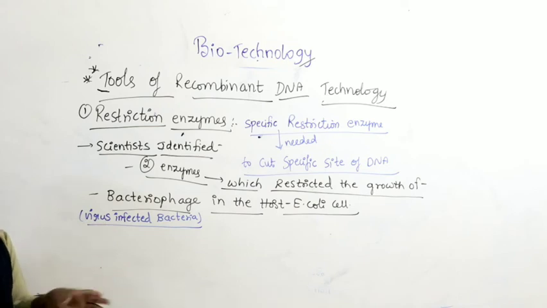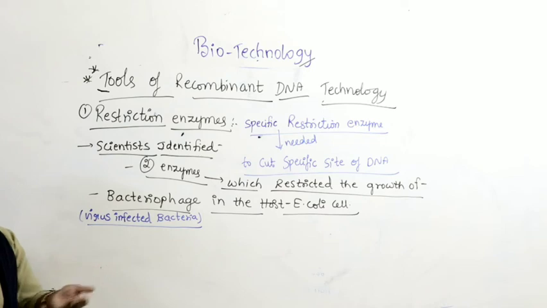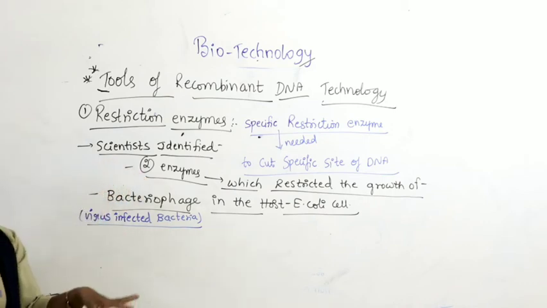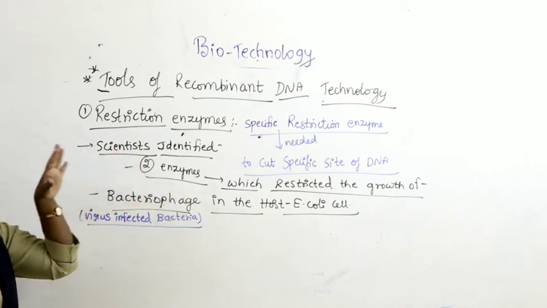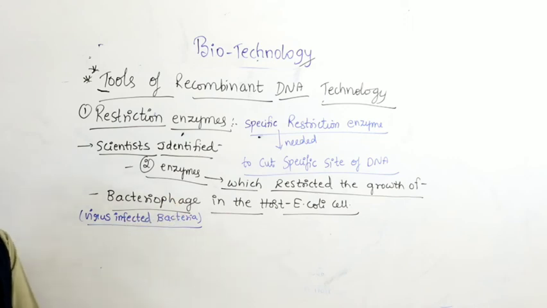Generally the viruses attack the bacteria and take shelter on them. But there are two enzymes which are not allowing the bacteriophages to grow on the host organisms, not allowing the viral cells to grow on the host organisms.